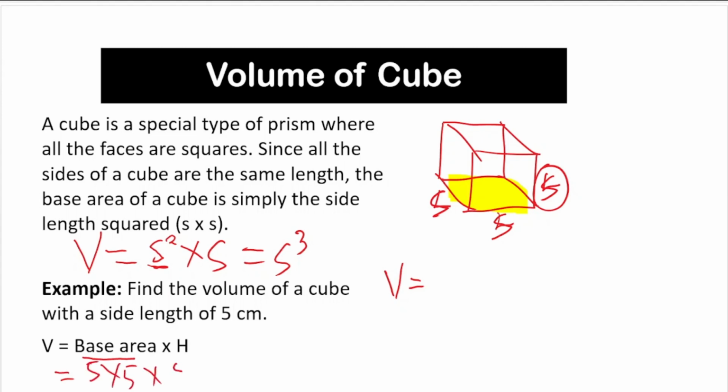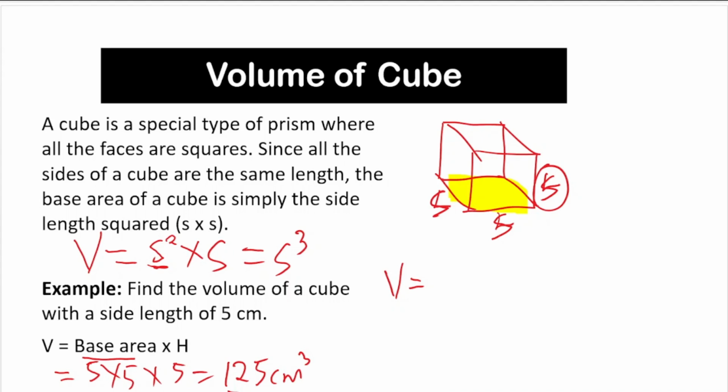What about its height? 5. So that's going to be 25 times 5, that is 125 centimeters cube. Don't forget, 125 centimeters cube. I hope that is clear. Okay, good. So that is that on that one.